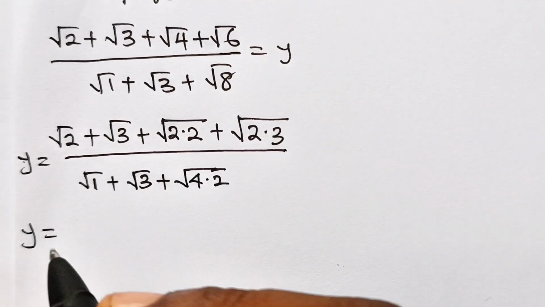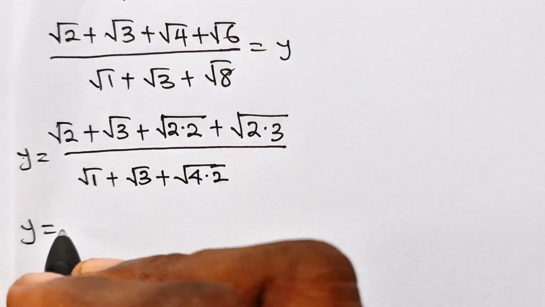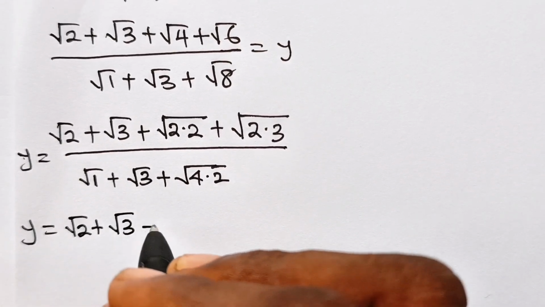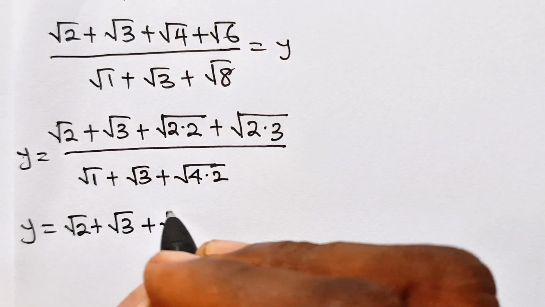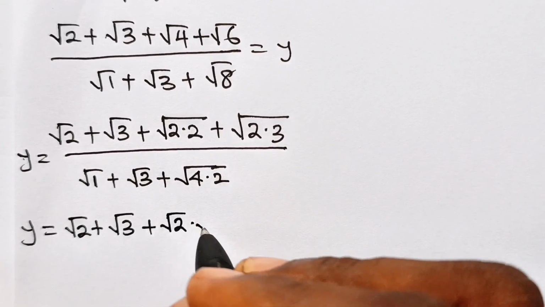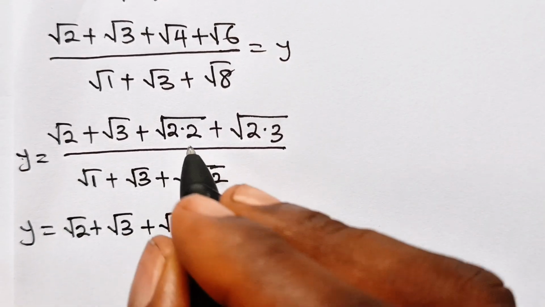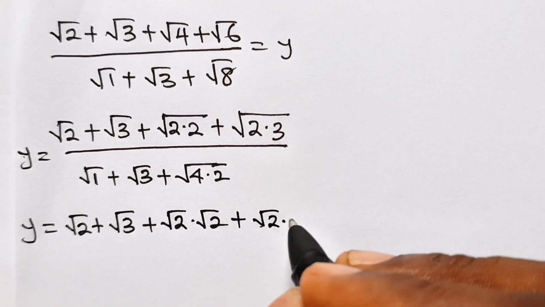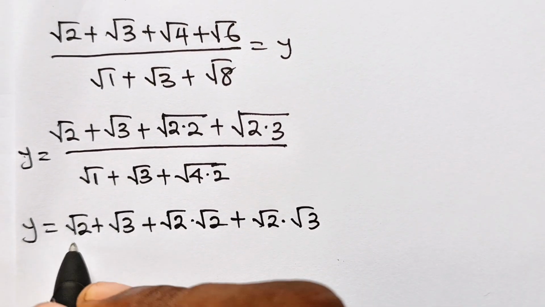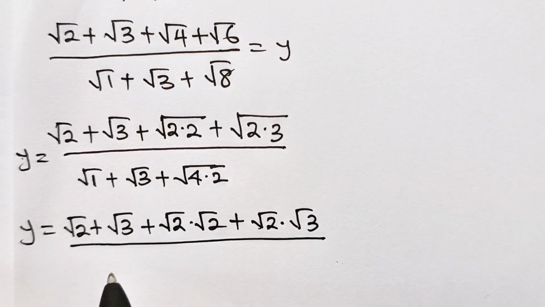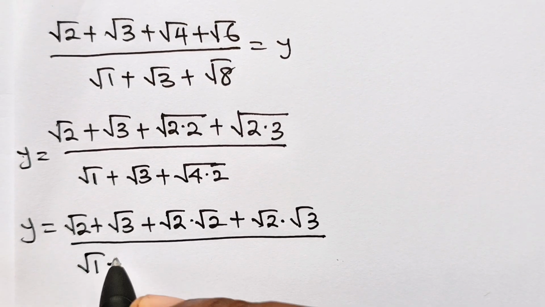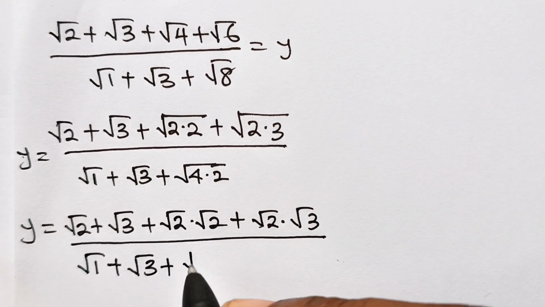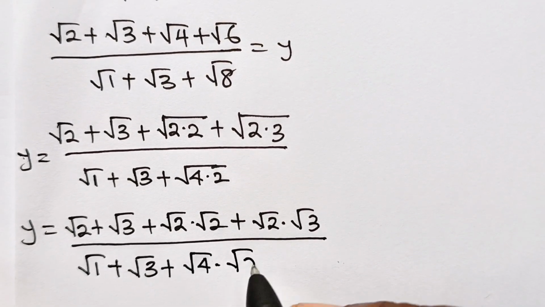So y is root 2 plus root 3 plus root 2 multiplied by root 2. We are separating now, plus root 2 multiplied by root 3, divided by root 1 plus root 3 plus root 4 multiplied by root 2.